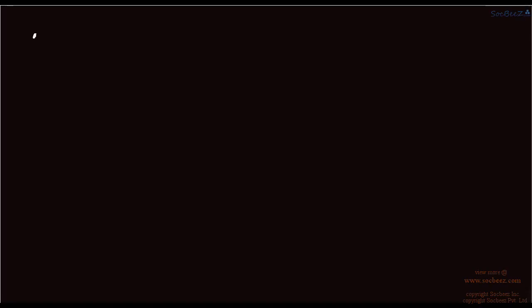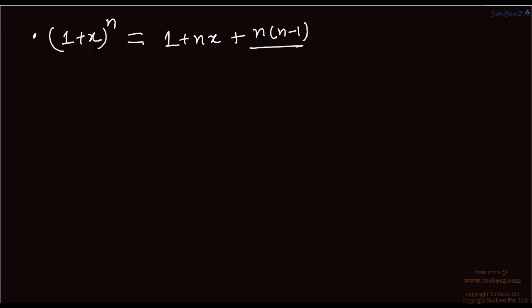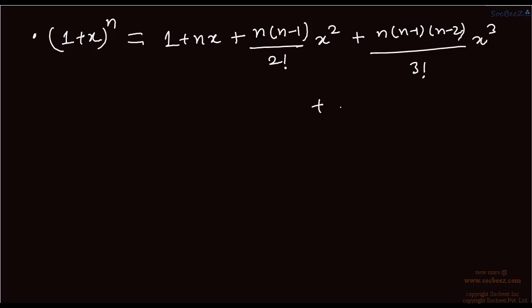Now the most important of all of them is (1 plus x) to the power n, which is used in the whole binomial theorem. This can be written as 1 plus nx plus n(n minus 1)/2 factorial x squared plus n(n minus 1)(n minus 2)/3 factorial x cubed, and just like that up to infinity.